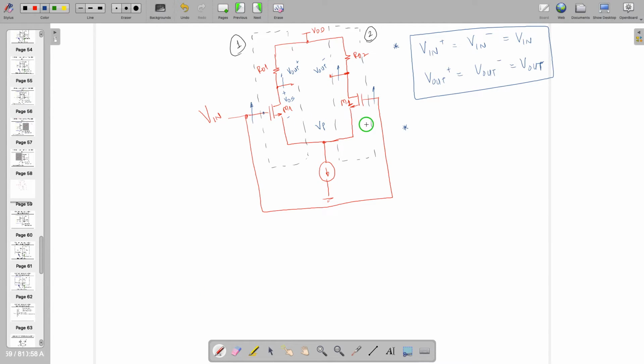If there are two balanced networks supplied with identical inputs, plus V and plus V, you can say that the currents flowing through these two are equal, and the current flowing through this one will be 2I. That is what you can say, but you cannot say that this VP is equal to 0. Of course, it's not going to be 0. So VP is not 0.